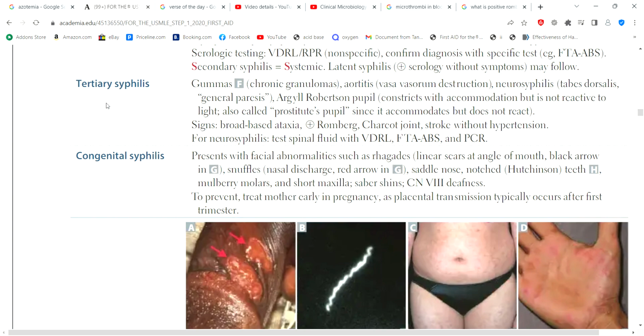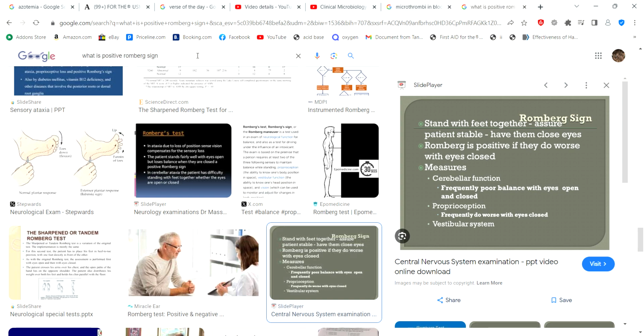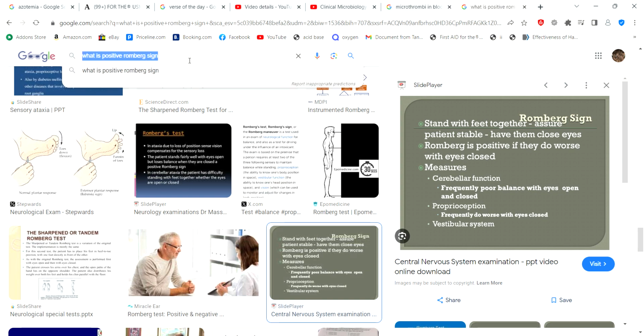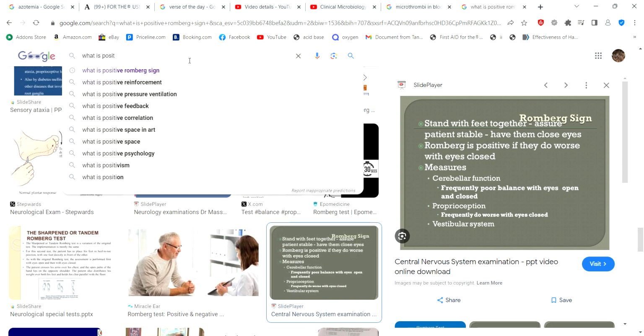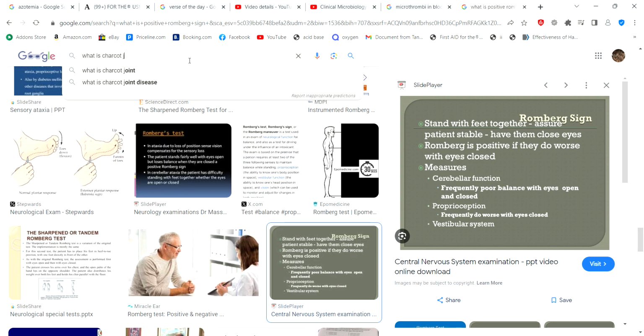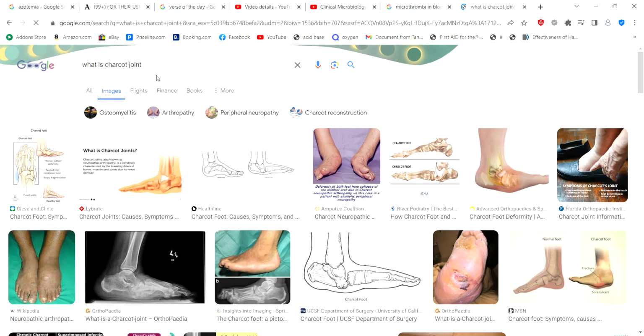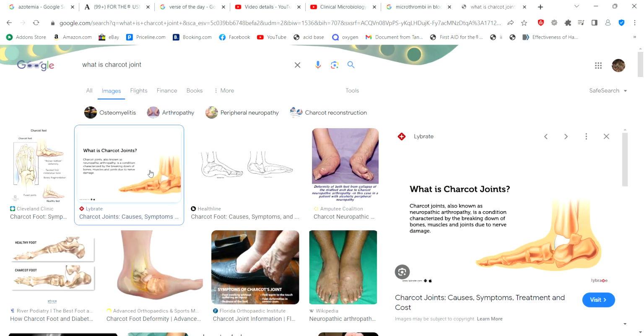Charcot joint. What is that? Charcot joint is also known as a neuropathic arthropathy.